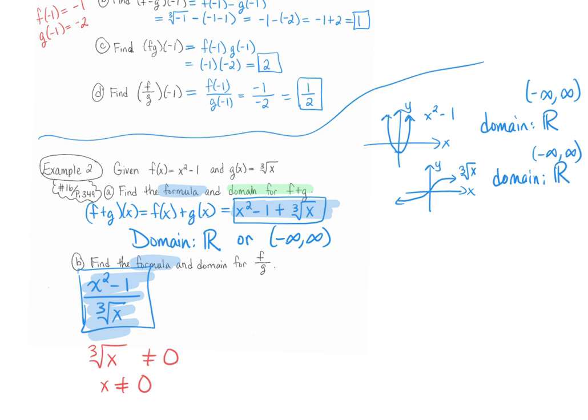So then we have to figure out how to write in interval notation all real numbers excluding 0. Parentheses, negative infinity, comma, 0, parentheses, and then the union, parentheses, 0, comma, positive infinity, parentheses. You got it.